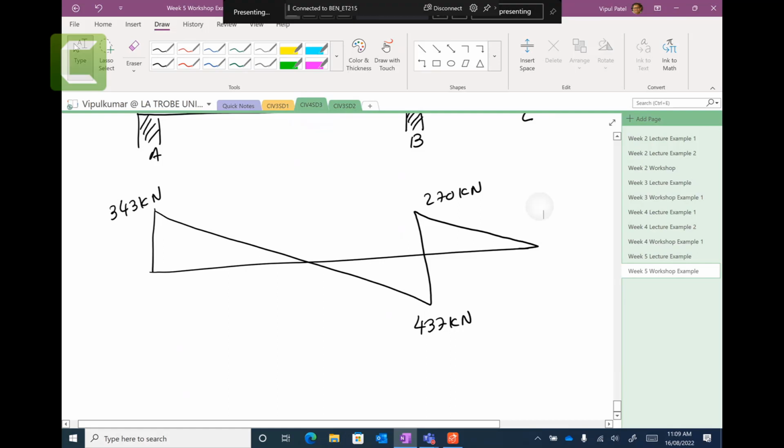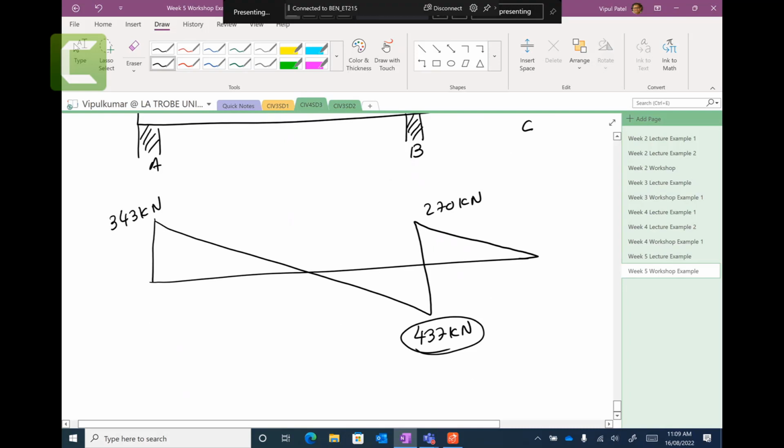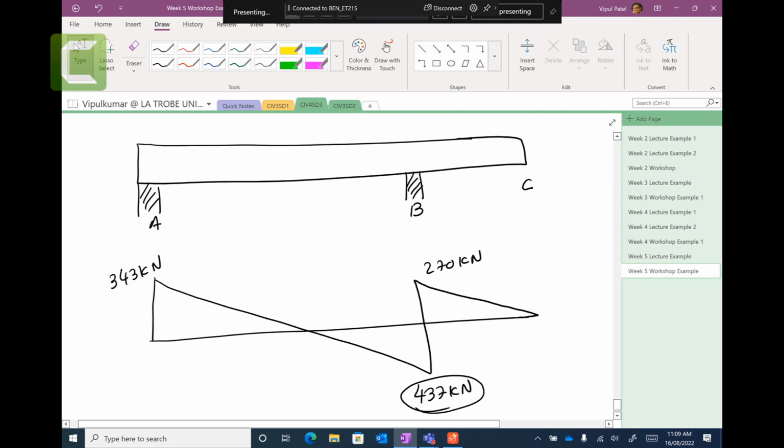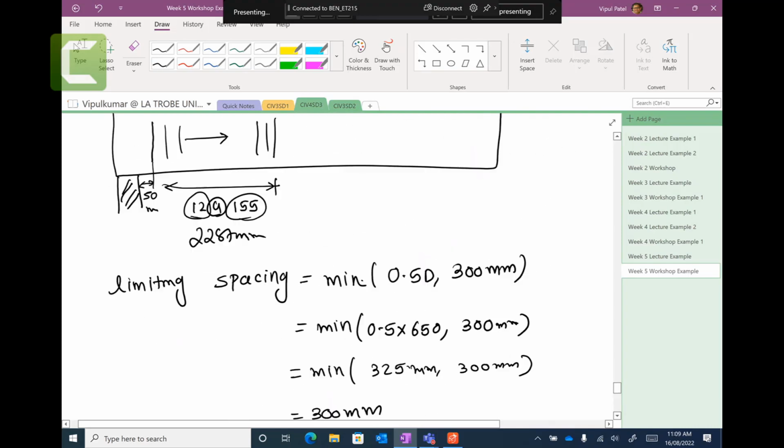Now, in this case, we can take 437 as V star B, but the standard says that you can get away with the distance dV. You remember that the shear design will not start at the supports but at a distance dV. I can show you that in the standards.